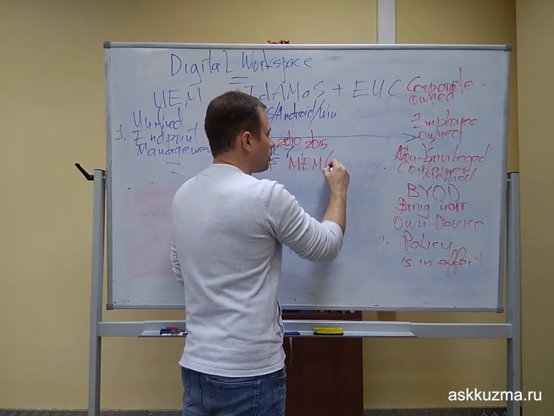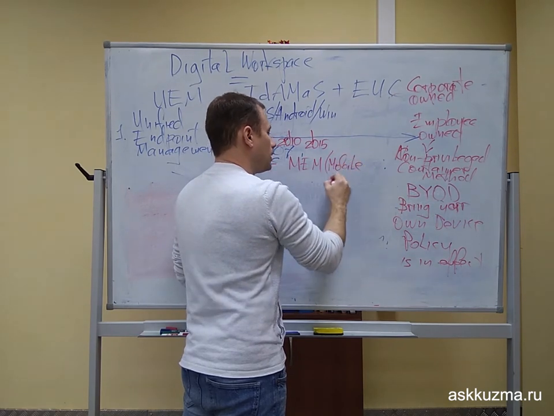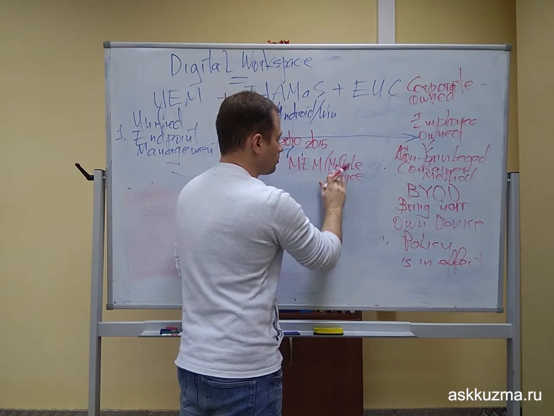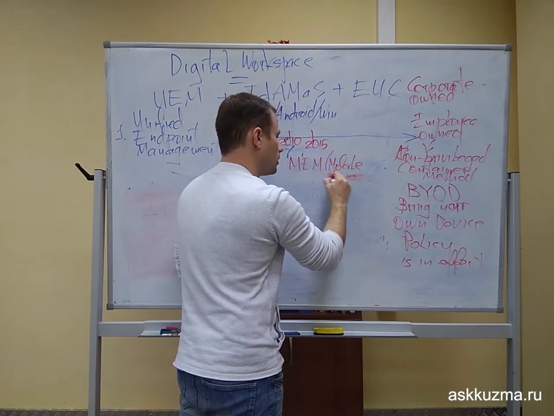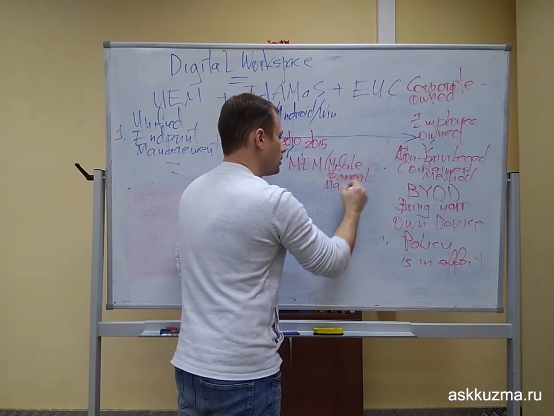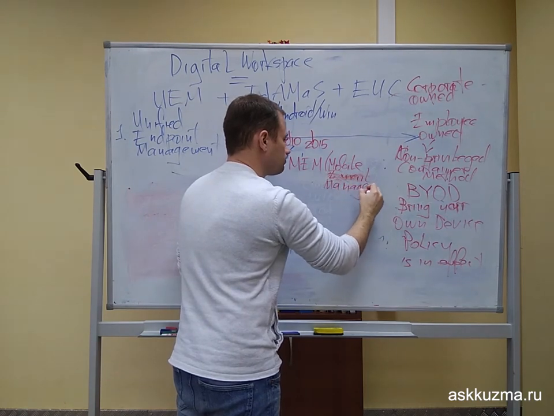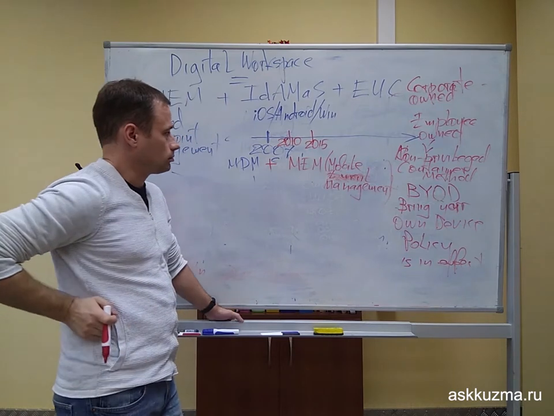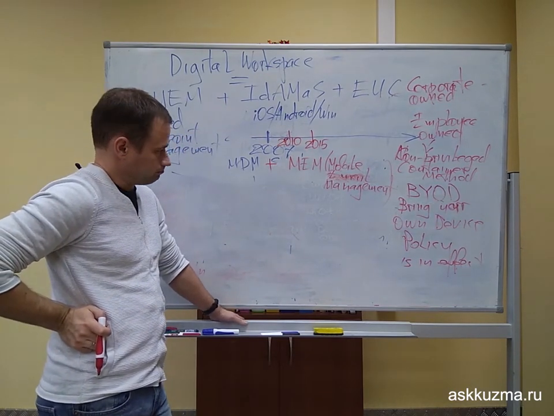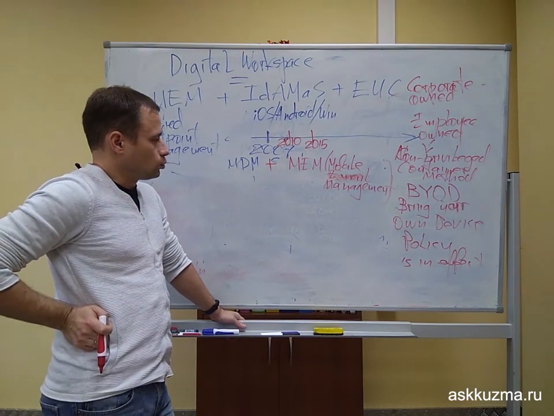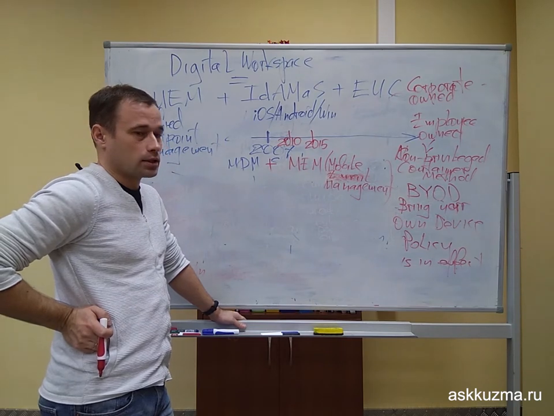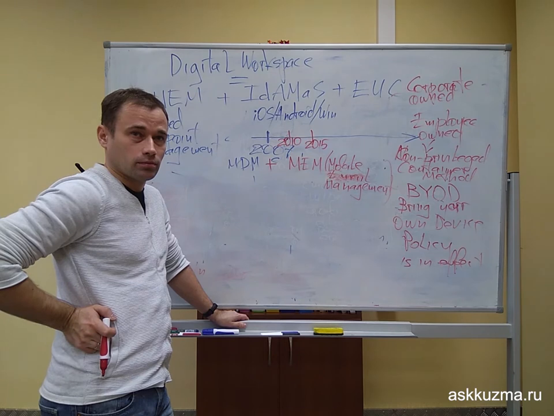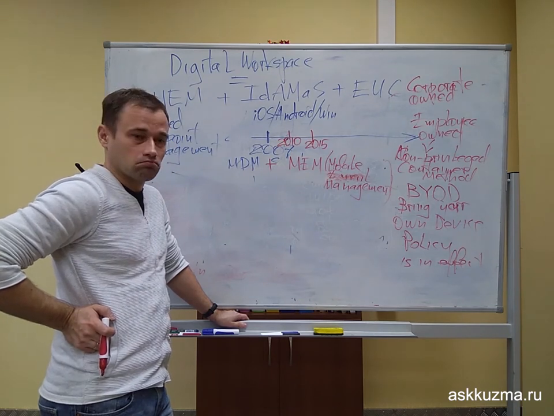MEM stands for Mobile Device Management. No, sorry, Mobile Email Management. Yeah, email management. The idea is pretty simple. We want to allow a secure access to a corporate email infrastructure from these mobile devices.